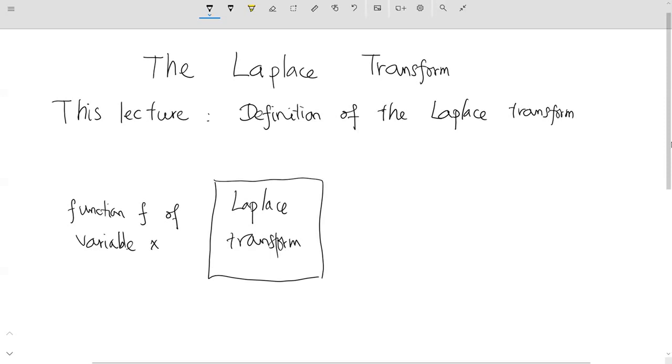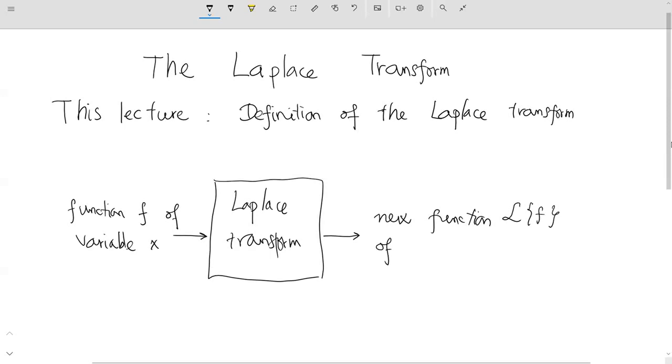It takes a function like this as an input, you go through the Laplace transform, and we have an output, which is a new function denoted by a script L for Laplace of f.